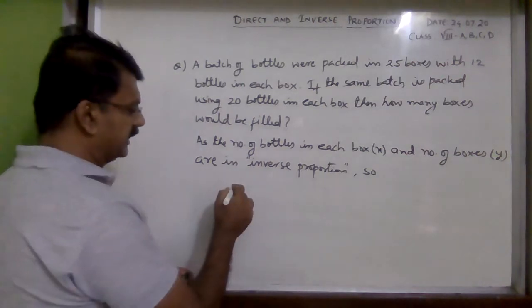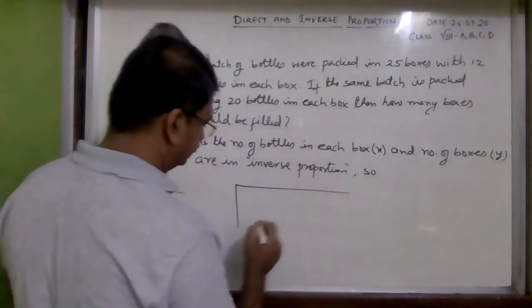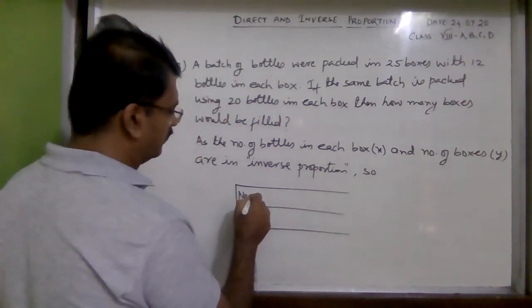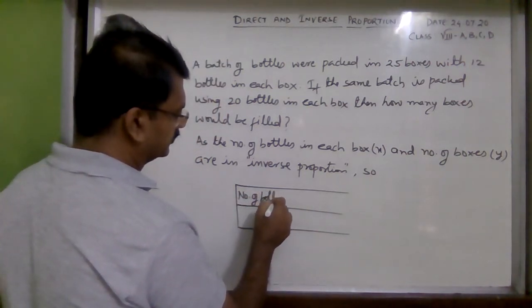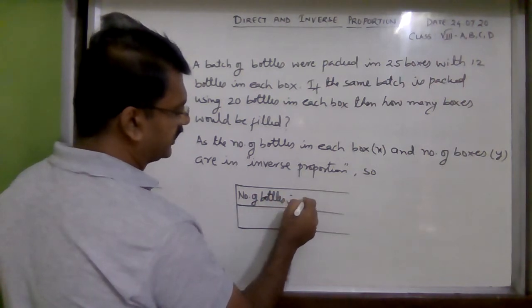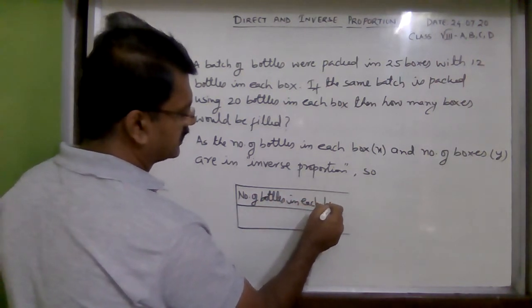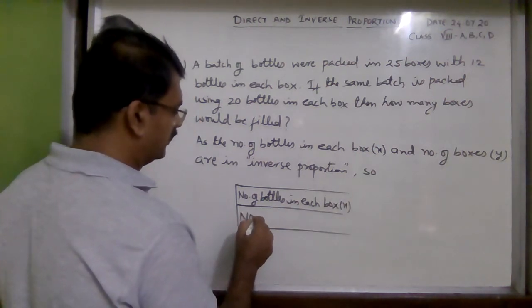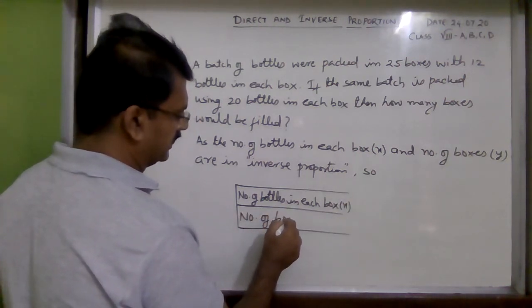So first of all, you make a table: number of bottles in each box and number of boxes.